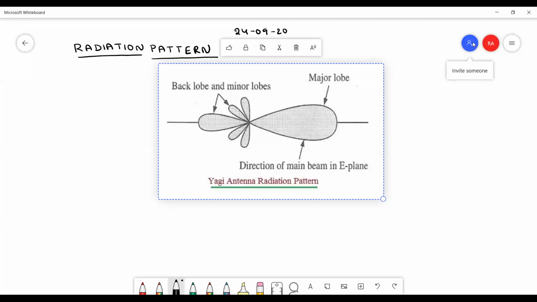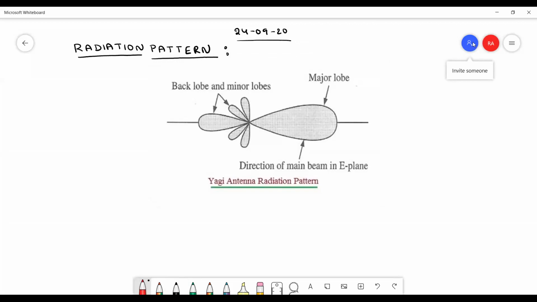This is the radiation pattern for the Yagi-Uda. This is called the major lobe. What is the major lobe? We are familiar with the radiation pattern and major lobe. And these are the back lobe and the minor lobes.